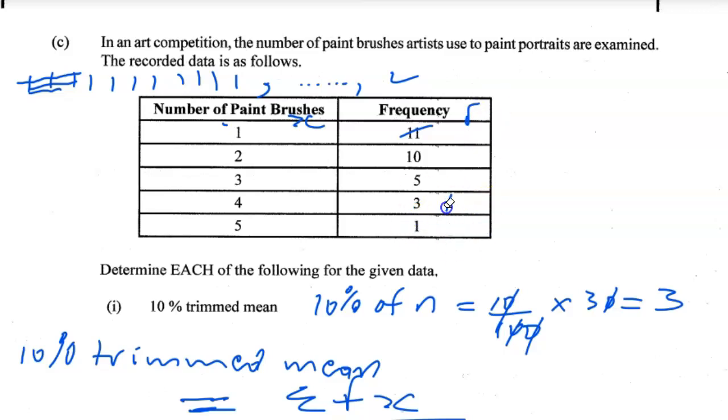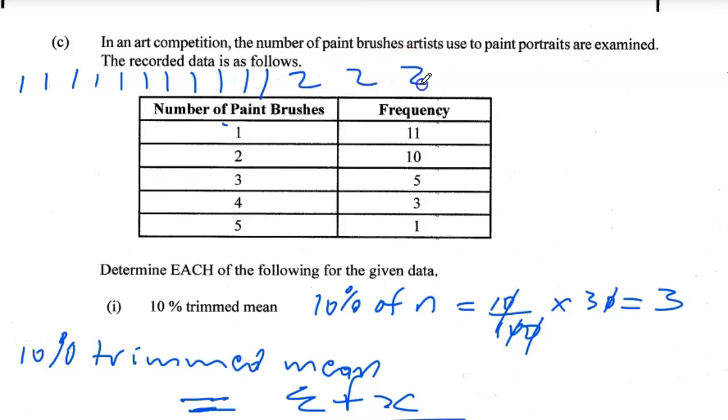So if you think about it, the 1 appears 11 times. 1, 2, 3, 4, 5, 6, 7, 8, 9, 10, 11. The next number would be a 2, and it's 10 of them. So 2, 2, 2, 2. And it goes on. 10 twos, alright?